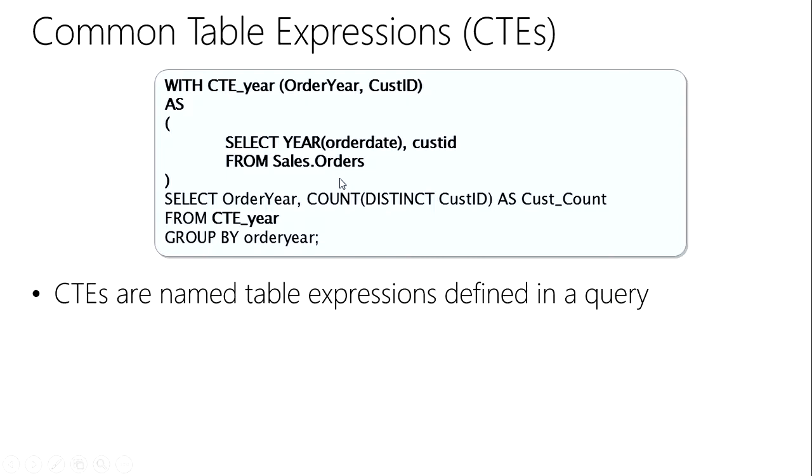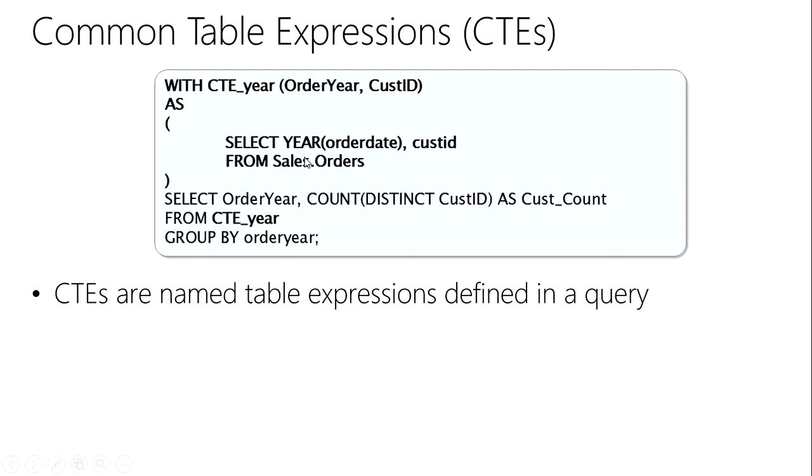But the way that we define them is with this WITH clause, so WITH CTE year, and then I've got my column names. And again, like a derived table, I could do that here after the name, or I could do it in the query itself. I'm creating a thing called CTE year AS, and then in parentheses I've got the query that defines that. So I'm doing the inner subquery right up front.